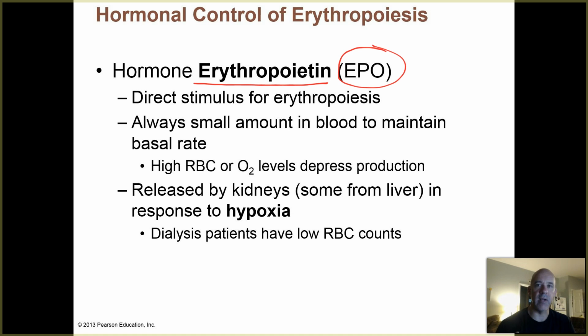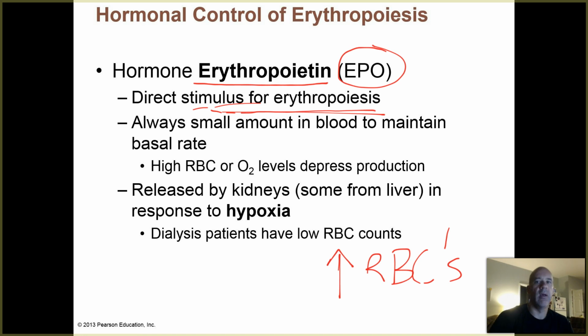So this hormone is a signal that is sent to the red bone marrow, so the targets of this hormone are in your red bone marrow, and it stimulates increased erythropoiesis. So this hormone is going to cause you to increase your numbers of RBCs. Now, this is not a hormone that completely disappears. You're always going to have at least some of it in your bloodstream to help you maintain proper levels of RBCs, but at times you need to crank out more.